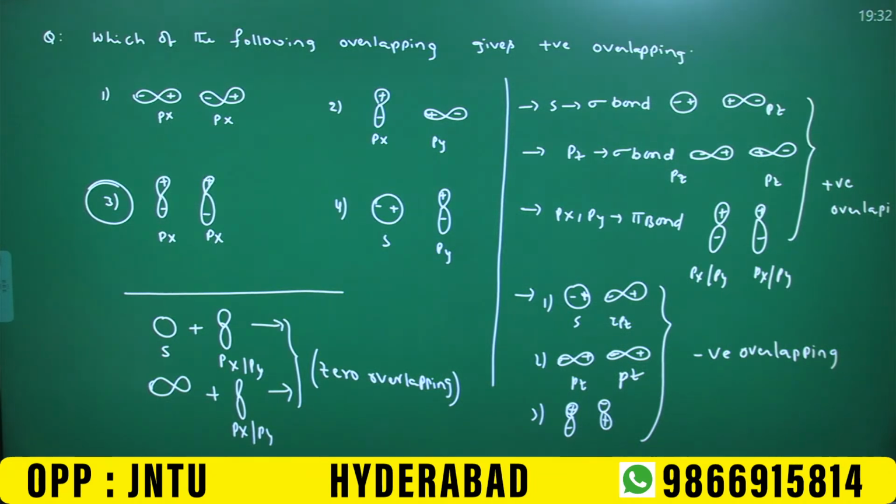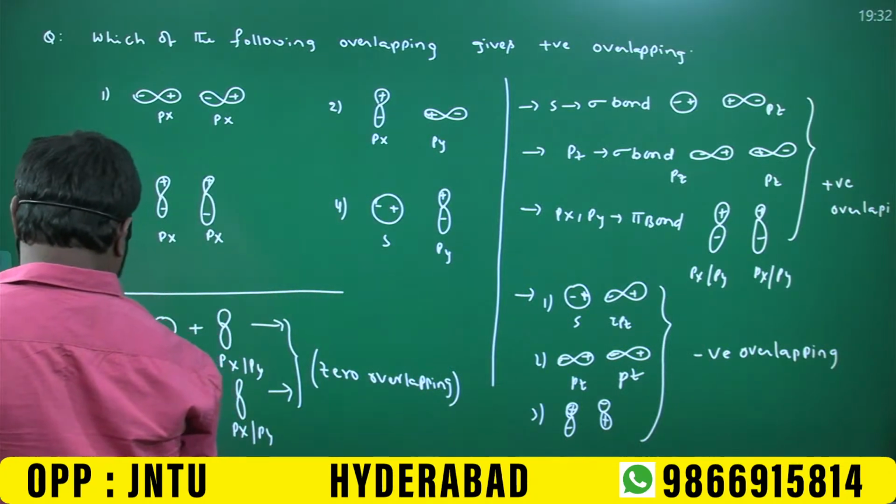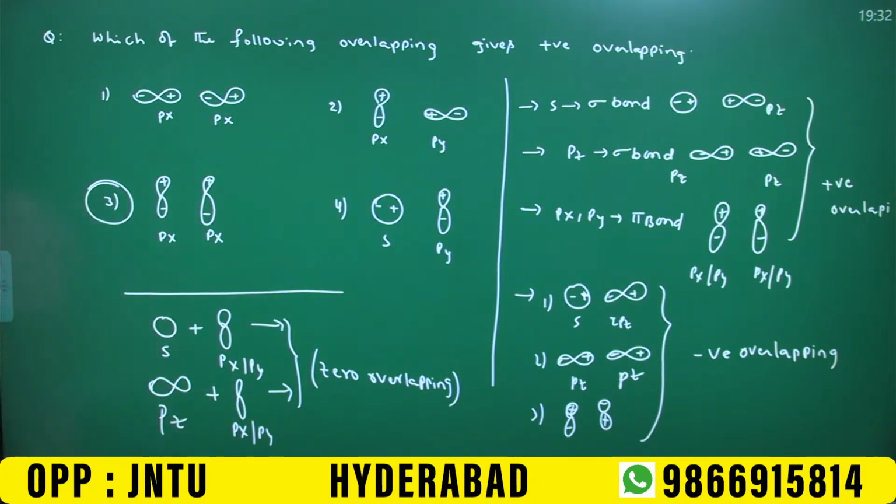Pz orbital never forms pi bond. ఇది pz. If the two orbitals are lying on the same axis or perpendicular to the axis, then only bond formation is observed. If both are present in opposite axes, then there is no overlapping.